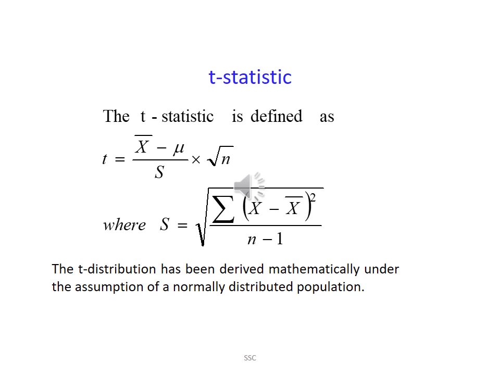The t distribution has been derived mathematically under the assumption of a normally distributed population, which is the main assumption for applying the t-test for small samples. Here the standard deviation formula is s = square root of summation (x minus x bar) whole squared by (n minus 1).